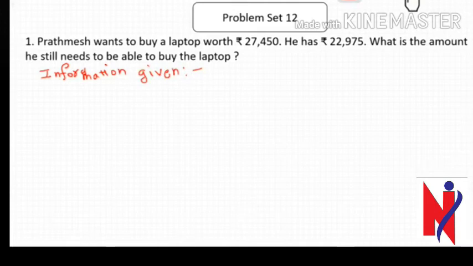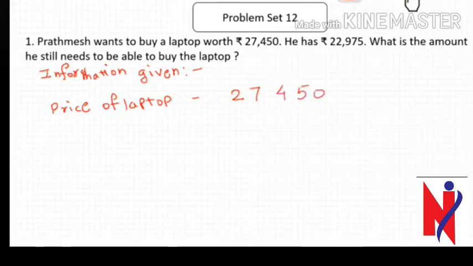Price of the laptop is 27,450. Now, how much money Prathamesh has? Money Prathamesh has.